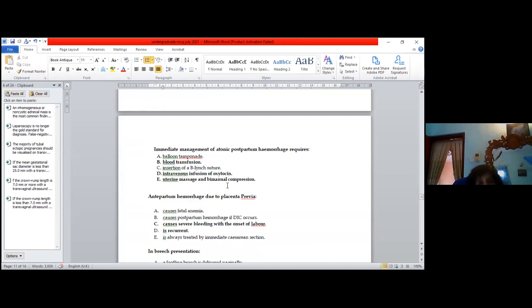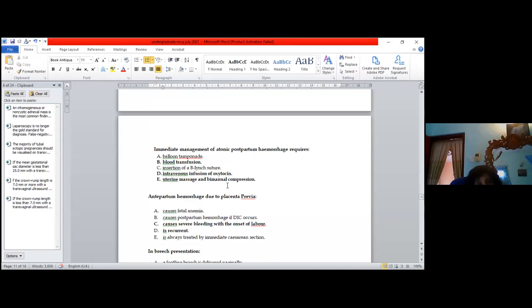Immediate management of atonic postpartum hemorrhage requires resuscitation, therefore blood transfusion comes in there. It requires intravenous infusion of oxytocin, ergometrine, and per rectal misoprostol. Uterine massage and bimanual compression. So we need resuscitation with IV fluids and blood transfusion, giving of oxytocic drugs, uterine massage and bimanual compression.